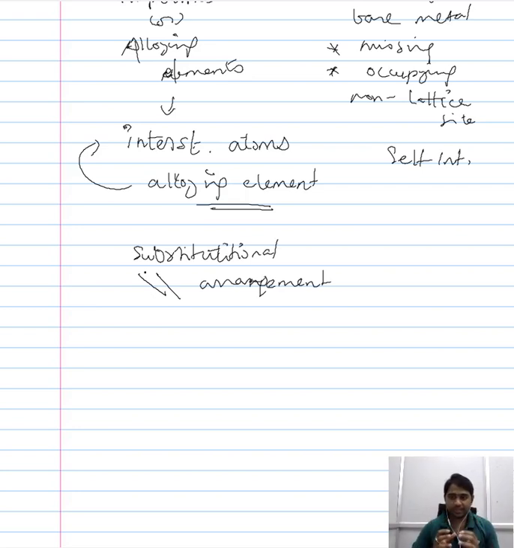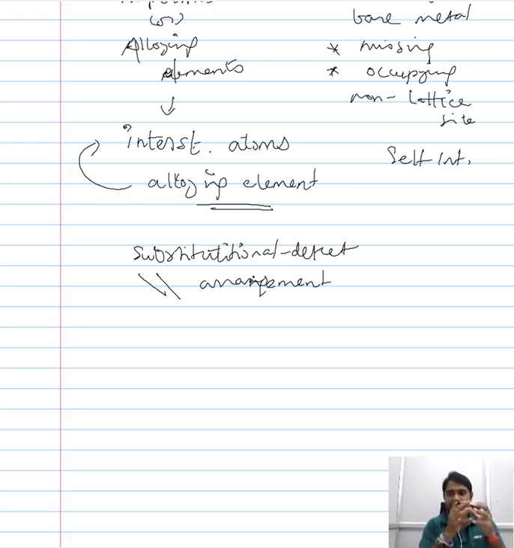The size of the atoms of this alloying element is comparable to that of the atoms of the base metal, and therefore the atom of this alloying element is present in the regular lattice, and this imperfection in the regular arrangement of the atoms is referred to as the substitutional defect. So the substitutional arrangement of the atoms leads to the substitutional defect.